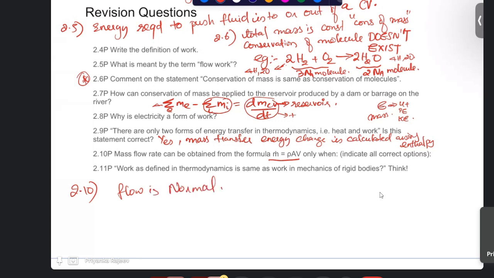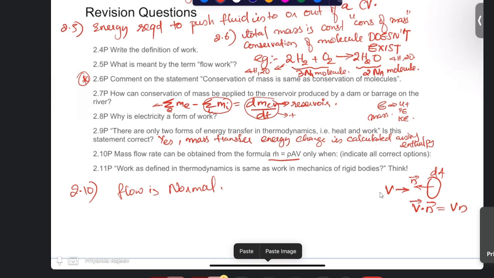When flow is normal, then Vn becomes V only. You have a cross-section area having the n vector, dA area, and V is also normal. That means V dot n equals Vn because cos 0 is 1. So yes, flow is normal, that holds. That is one thing.